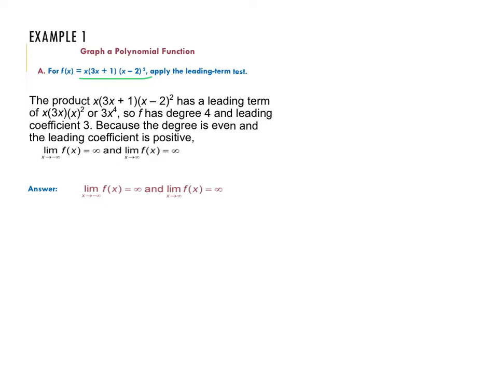What I know is if I have this x minus 2 squared, really that's going to be x squared minus 4x plus 4. And I still have this 3x plus 1, and I still have this x. Now I could go ahead and multiply these up, but really what I'm concerned with, I know that I'm eventually going to multiply this x by this 3x and also by this x squared.